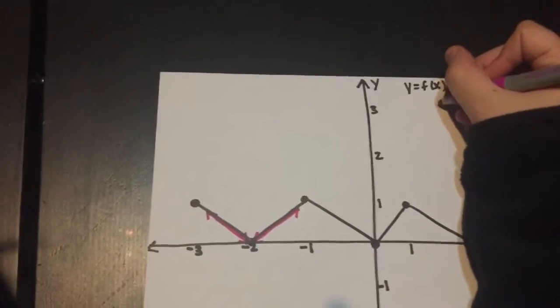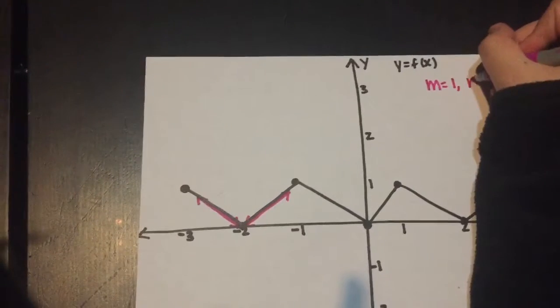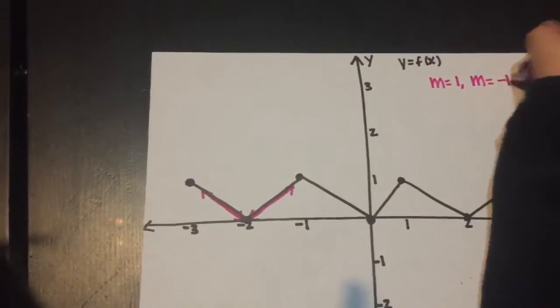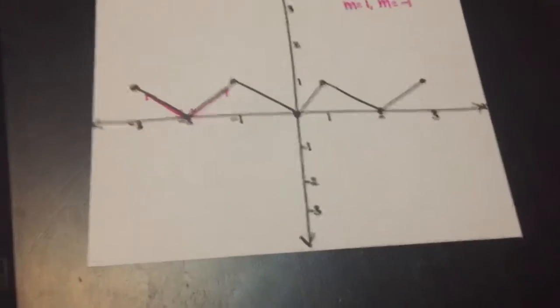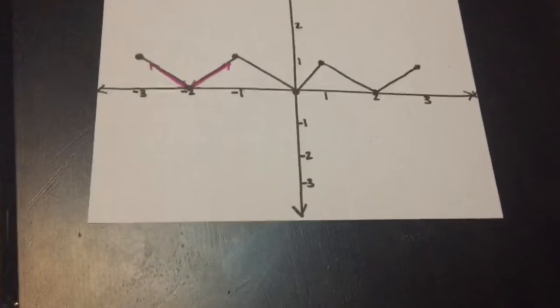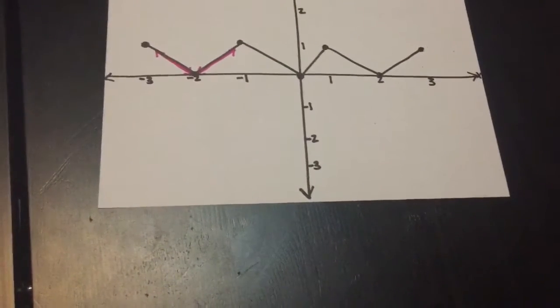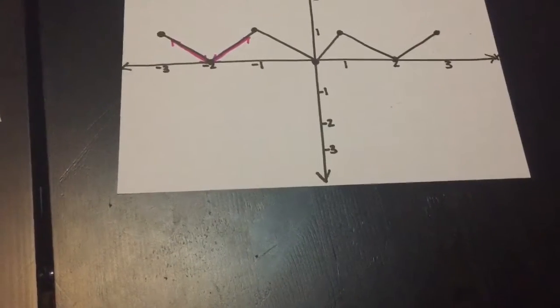And then your slope would be m equals 1, and then m equals -1. The value of the derivative would change. So when graphing, the slopes of the tangent lines becomes +1, and then the slopes of the tangent lines would become -1.